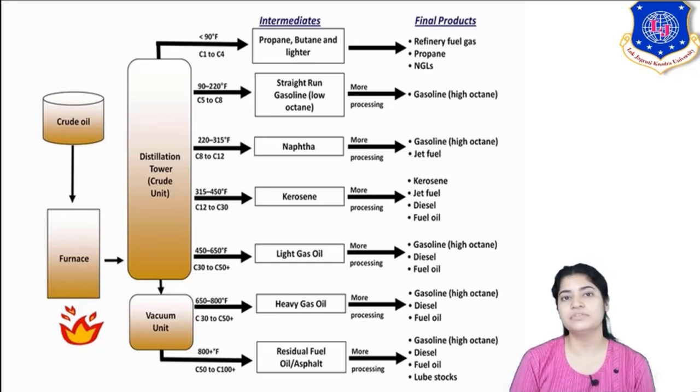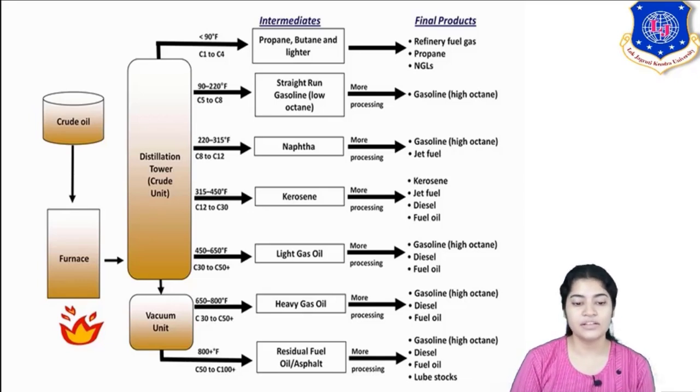So the purpose of this chapter is to know the properties of those fractions: what their composition is, what the properties are, and what some important tests are which you need to know to judge their quality, for further implications. Like for straight run gasoline, the fraction which you get has a low octane number. So that is its property, its quality.